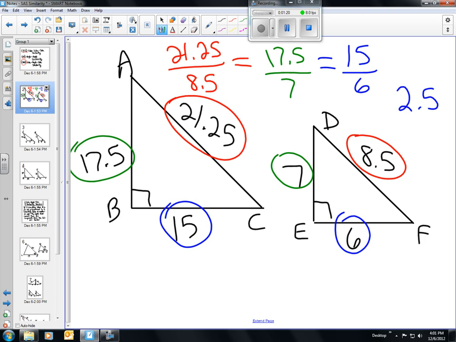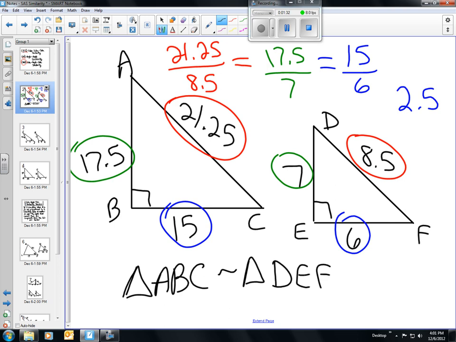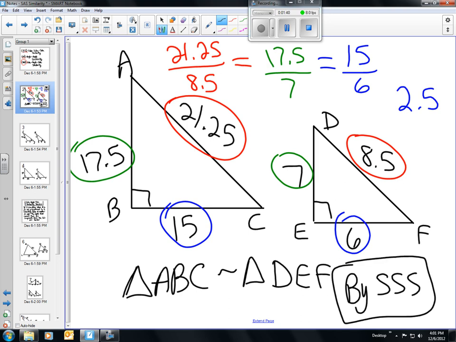So we could say, yes, these two triangles are in fact similar. So we would write our similarity statement as this: triangle ABC is similar to triangle DEF. And that is by the side-side-side similarity theorem. So we're checking all the sides to see that they're proportional to each other.